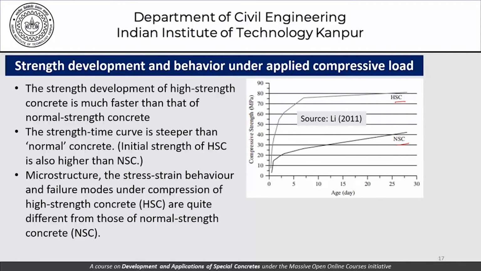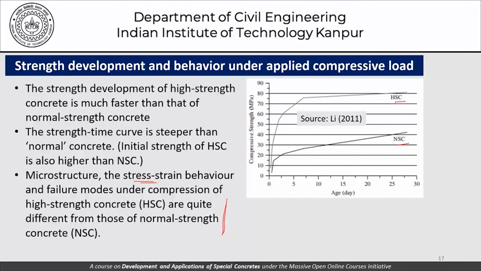Of course, something which is not shown here is the stress strain behavior. What is shown here is the development of strength with time. In the case of stress strain behavior also, the microstructure, the stress strain behavior and the failure modes under compression of the high strength concretes are quite different from those in normal strength concretes.